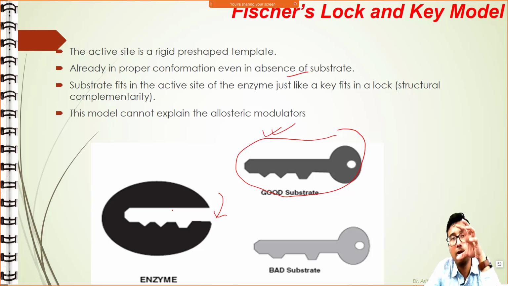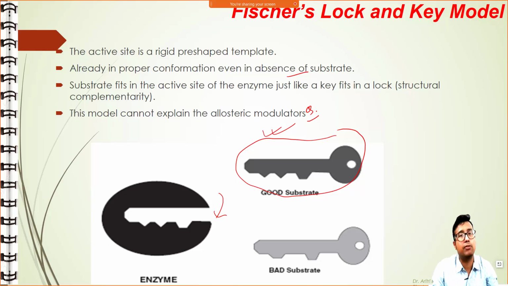However, the difficulty, or the need for another model, or why this model was not widely applicable, was the phenomenon of allosteric regulation or allosteric inhibition, right? Remember, this is a very important catch Viva question.